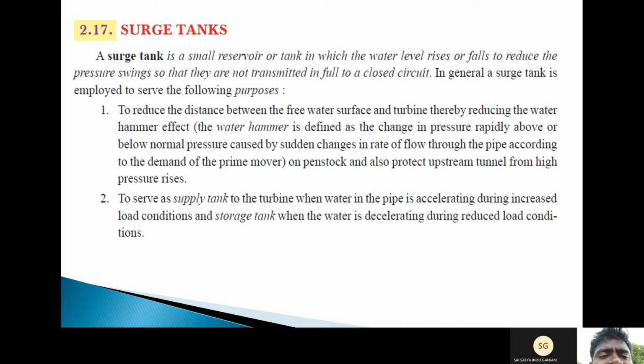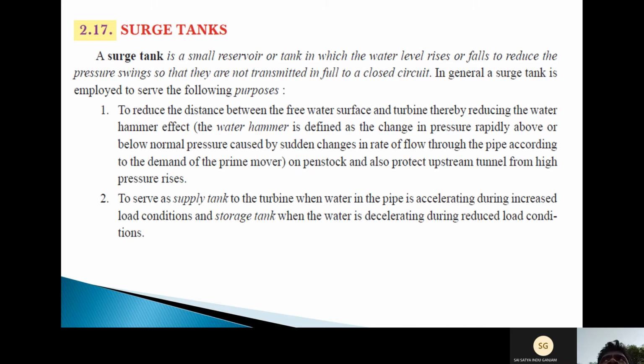In general, a surge tank is employed to provide distance between the free water surface and the turbine, thereby reducing the water hammer effect. Water hammer effect means the rapid change in pressure above or below normal pressure, caused by sudden changes in the rate of flow through the pipe according to the demand of the prime mover.